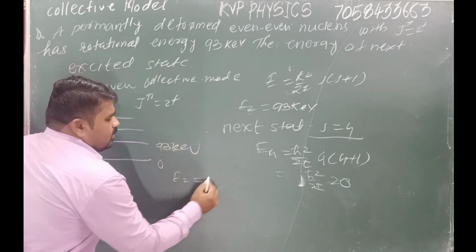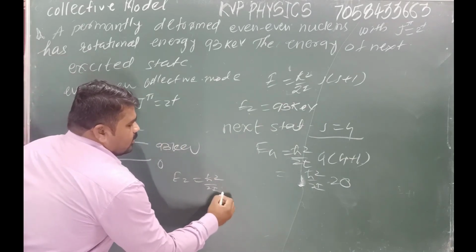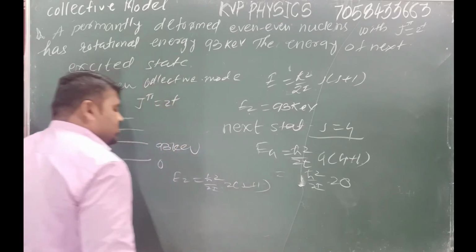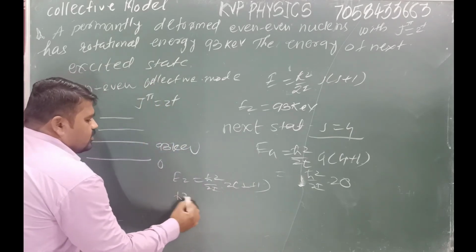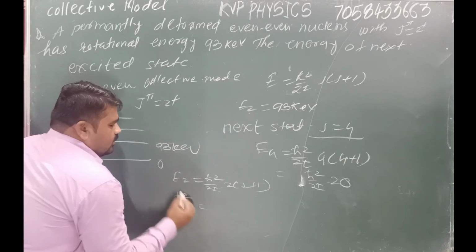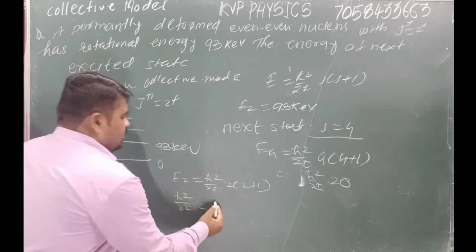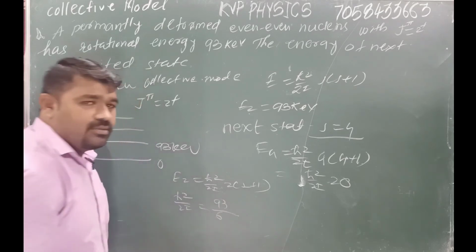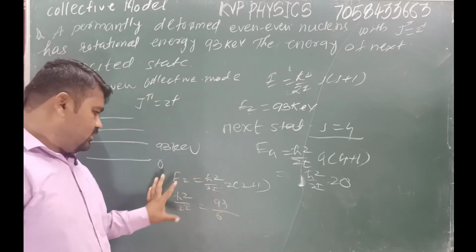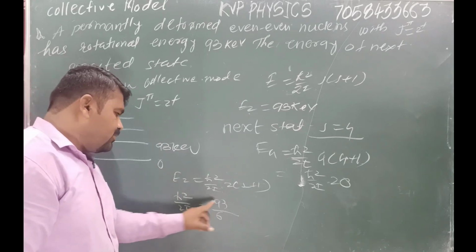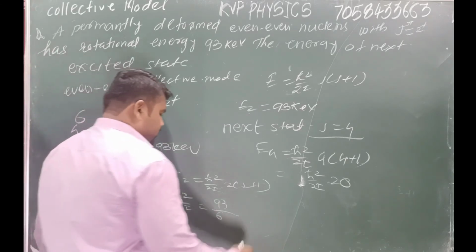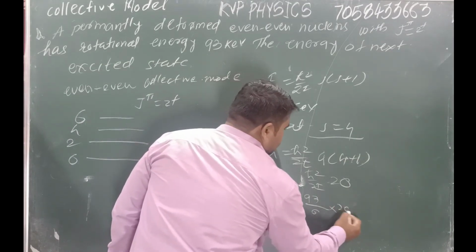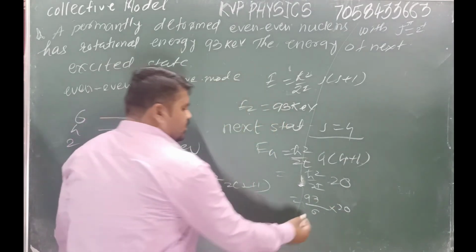E2 is equal to ħ² upon 2I into 2 into 2 plus 1, which is 3 into 2, 6. So ħ² upon 2I is equal to 93 upon 6. Don't solve this; directly write ħ² upon 2I is equal to 93 upon 6, into 20.